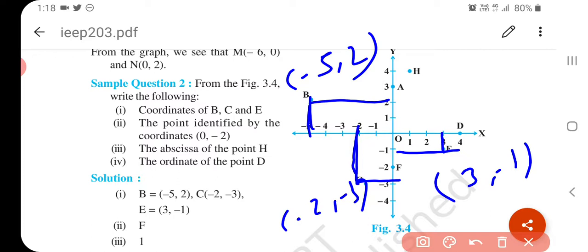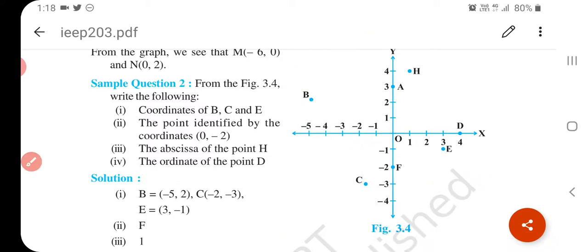Understand? Now the point identified by the coordinate 0, -2. Which one is visible, 0, -2? Meaning x is 0 and y is -2.